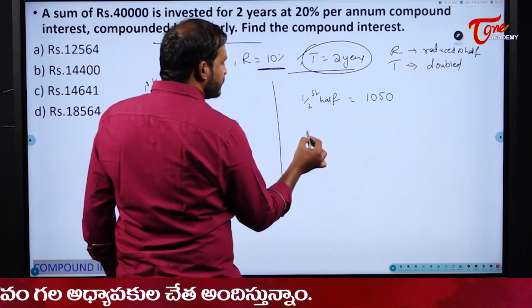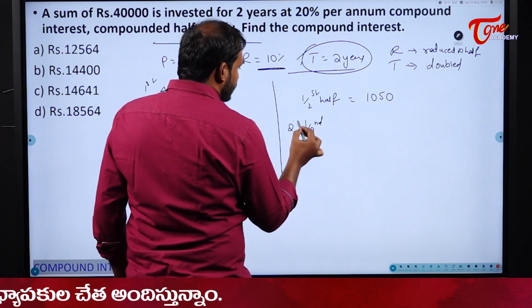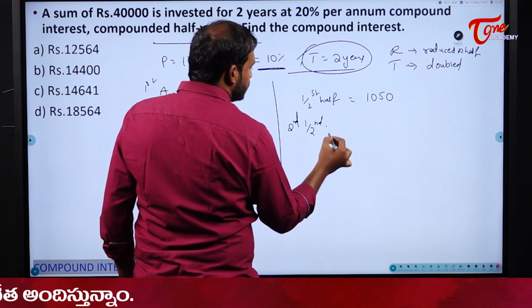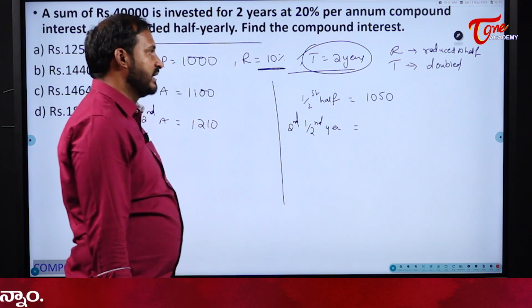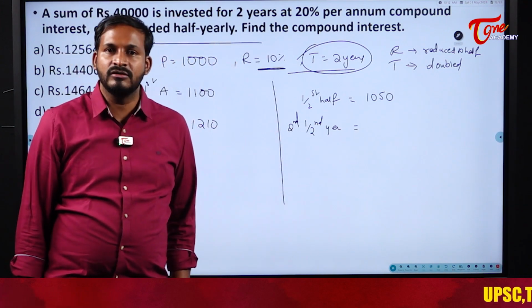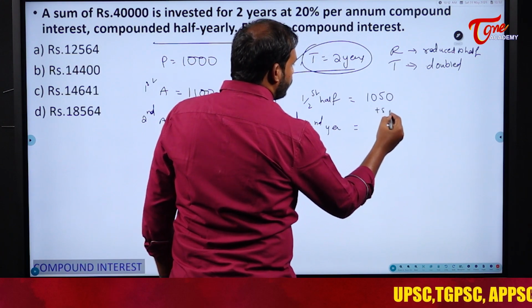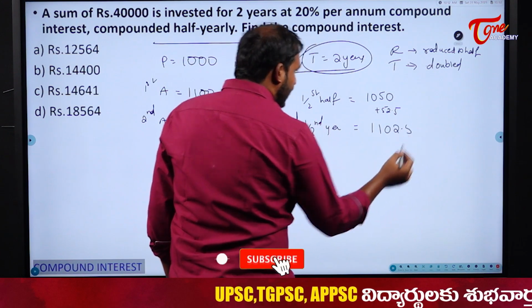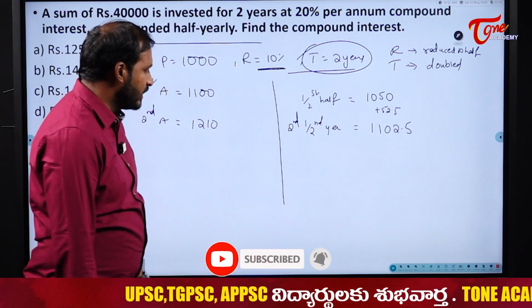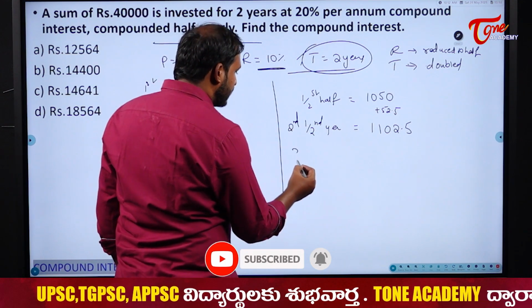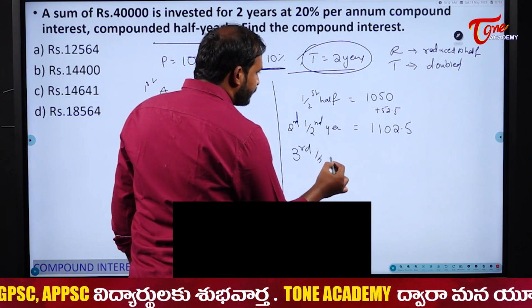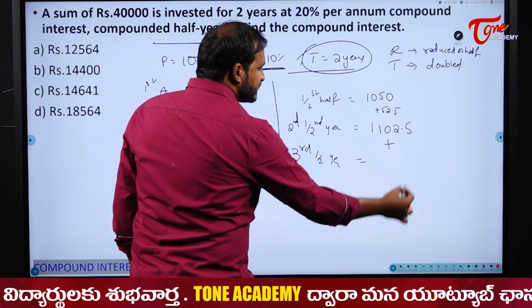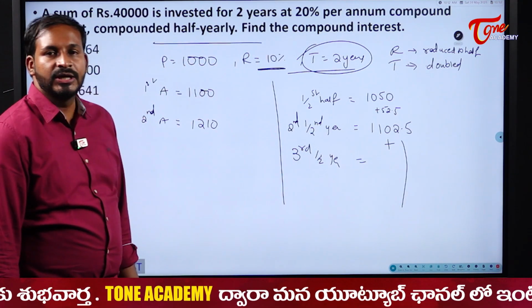Okay, next when it comes to the second half year, once again 5% of 1050 is 52.5. So this will become 1102.5 after the second half year. Now when it comes to the third half year, once again the same thing, 5% and so on. In this manner, it will keep on increasing.